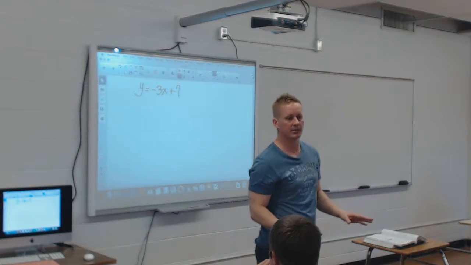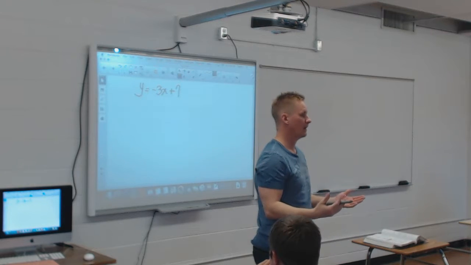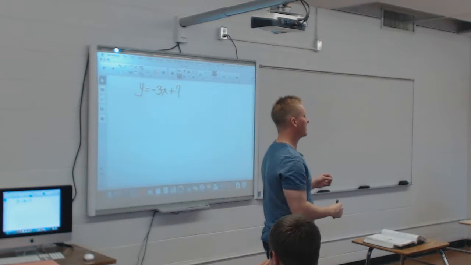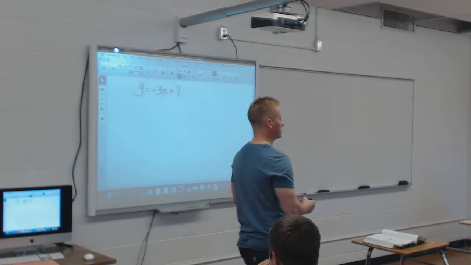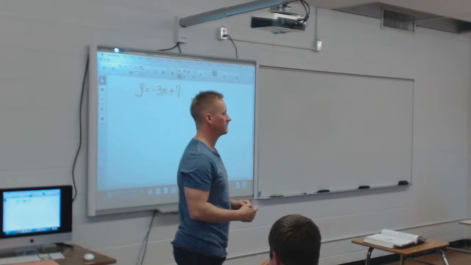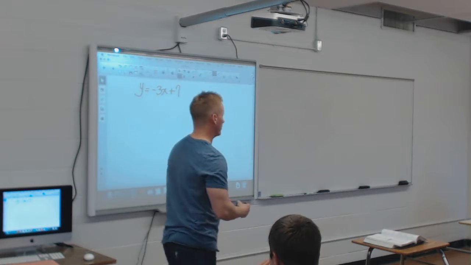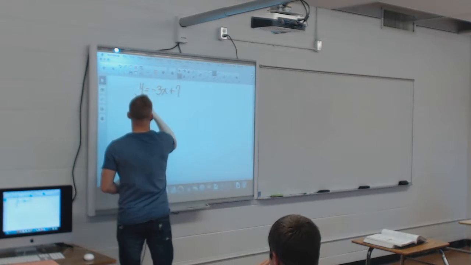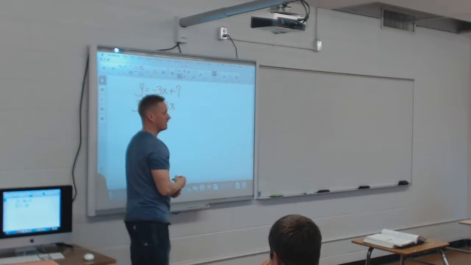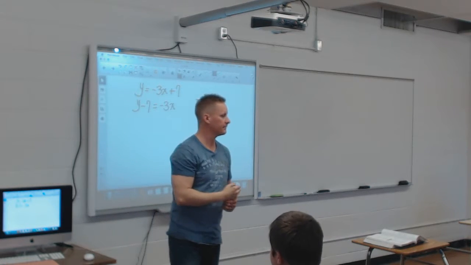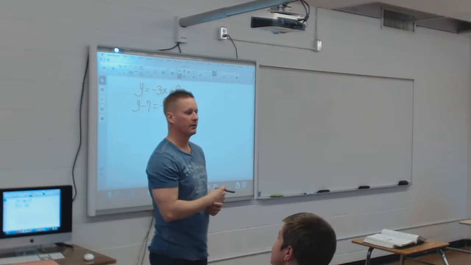I want to solve for x. I want to solve this equation so that it is x equals. So what's the first thing I need to do to solve this equation? Subtract 7. Okay, great. So that gives me y minus 7 equals negative 3x. Agreed? Great. That's a good starting point.